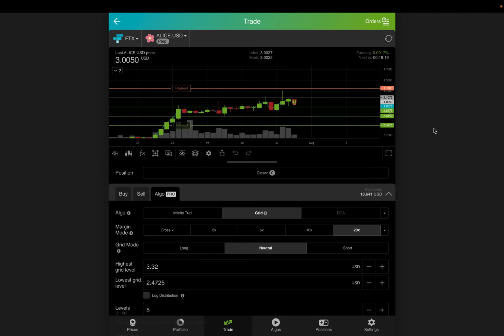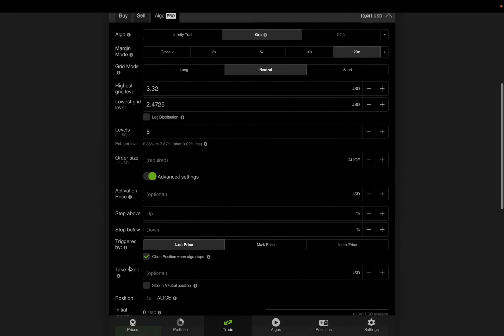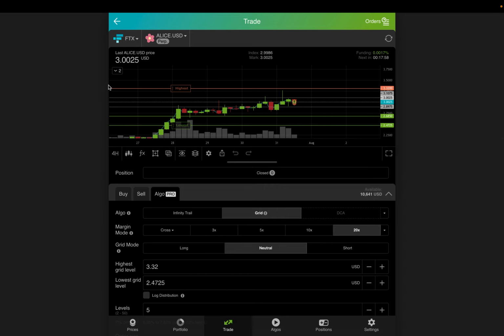You have unrealized negative P&L because you have a position and your grid is not balanced, it's not in the neutral position, and you don't want to lock in the P&L. So on the running grid, you check this checkbox in grid details, and the next time the price moves to the neutral position, the grid will stop. That's again a kind of risk management slash take profit tool that could be very effective on the running grid.